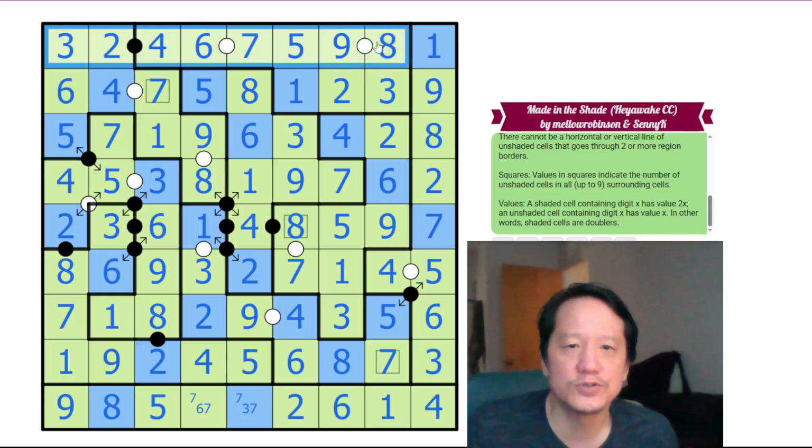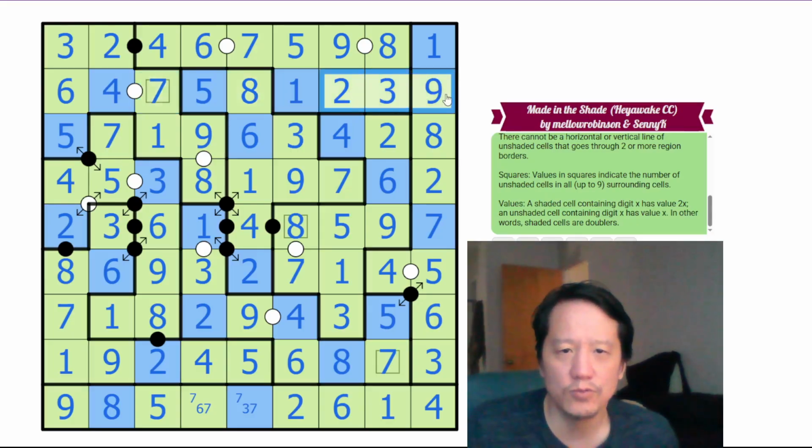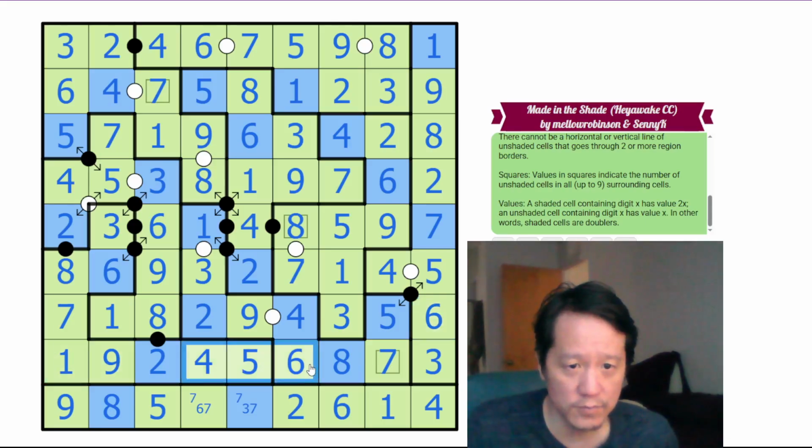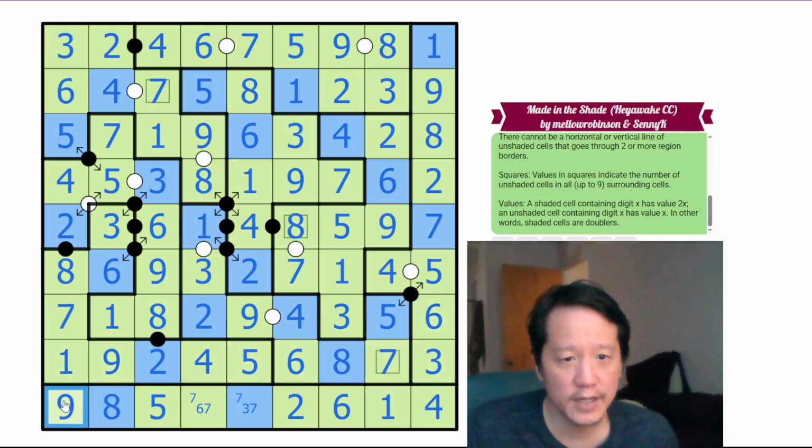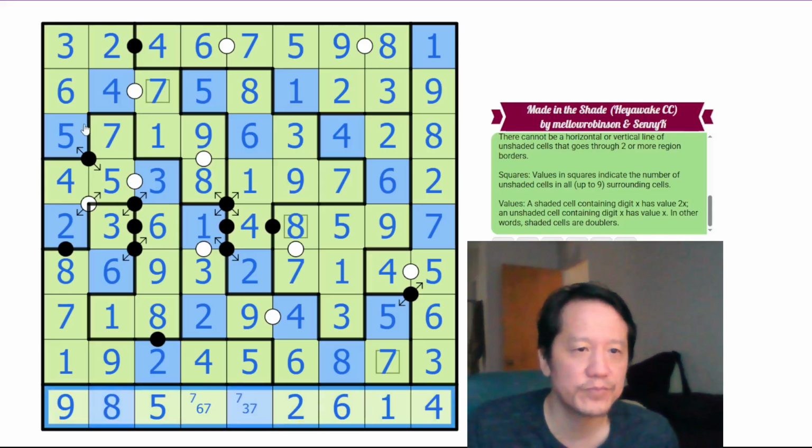Okay, this goes through one region border. 0, 0, 0, 1, 1, 0, 1, 0, 1, 0, 1, 1, 0, 1, 1, 1, 0, 0, 0, 0, 1, 1, and these are all 0.